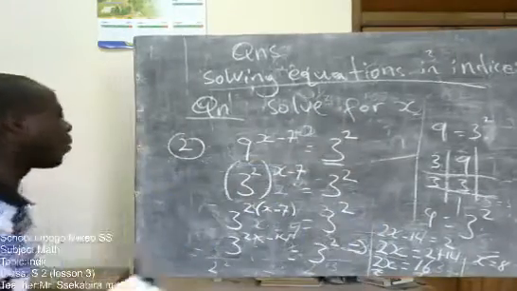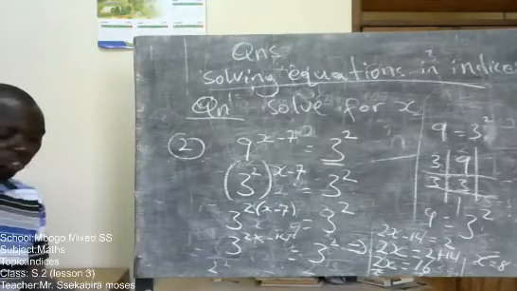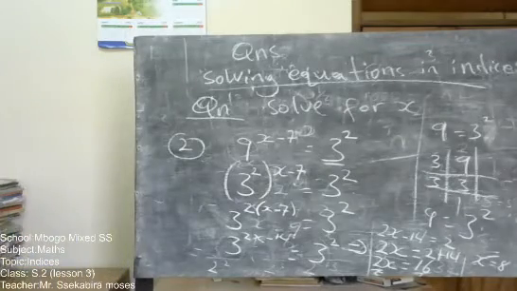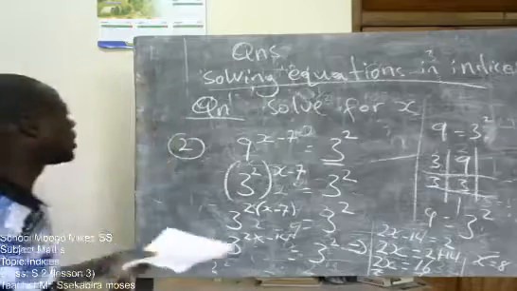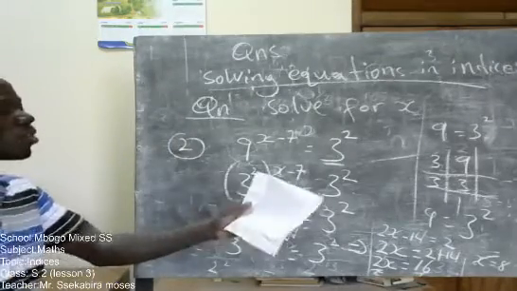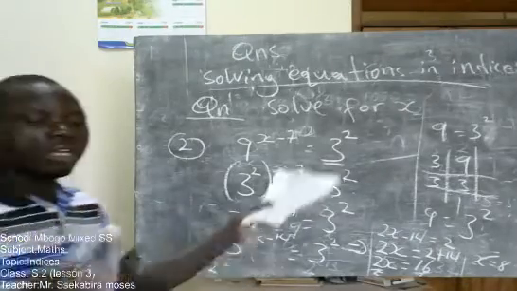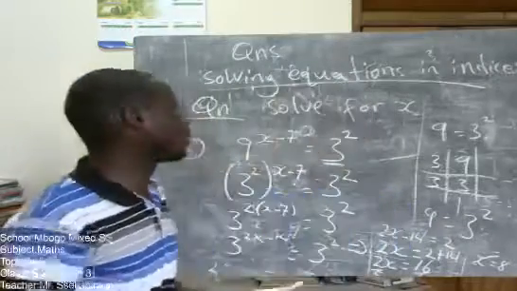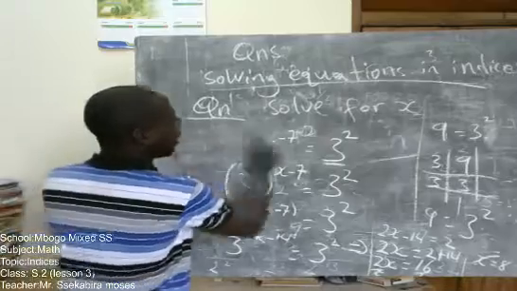Are you seeing how you have solved the equation using the concept of indices, that the bases should be equal on both sides? But please, even if it is solving equations involving indices, make sure you apply the rules and express the number as a product of its prime factors.